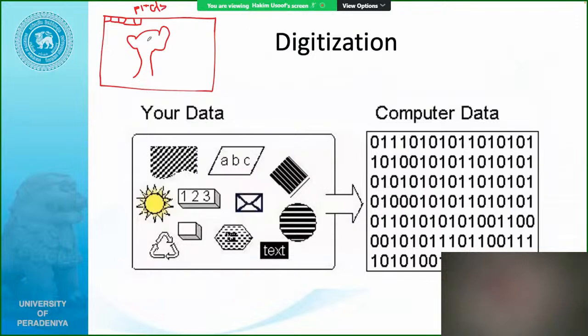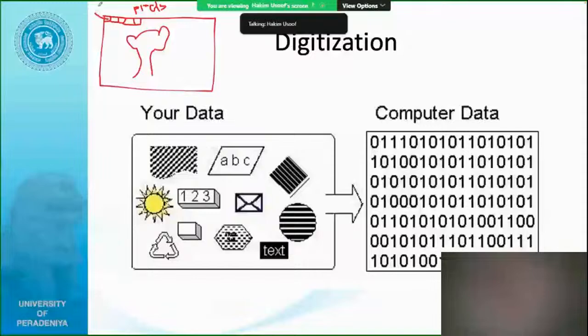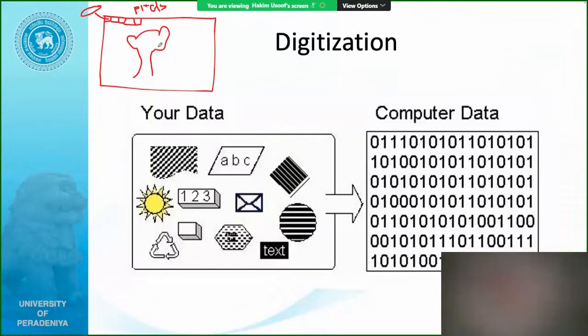So this is broken down into pixels, and if a pixel is blue, it creates a value for it in binary. If it's green, it gets a different binary value. If it's red, it gets another value. If it's yellow, each of these little dots gets a different value depending on the color. So if you take it with a digital camera, the digital camera captures all these little dots and converts them into binary form, and then it stores it.